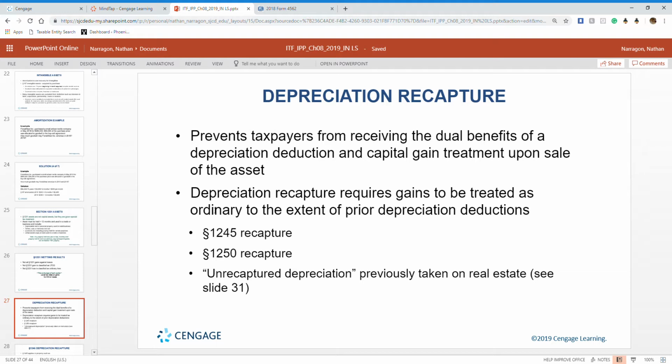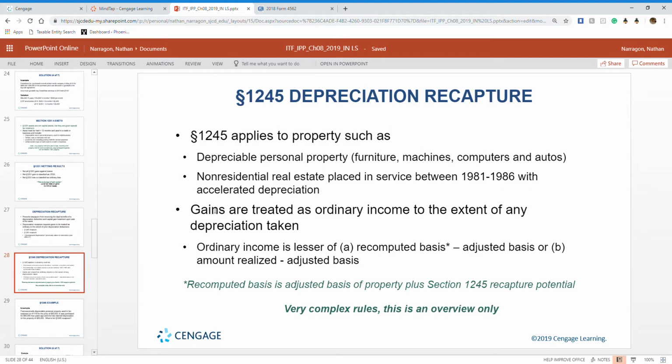Okay, so this is going to have two sections, Section 1245 and Section 1250 recapture. Unrecaptured depreciation previously taken on real estate we're going to get into a little bit later, as it says, see slide 31. Let's see if Cengage actually does that.